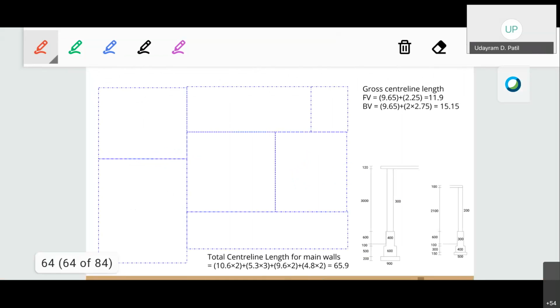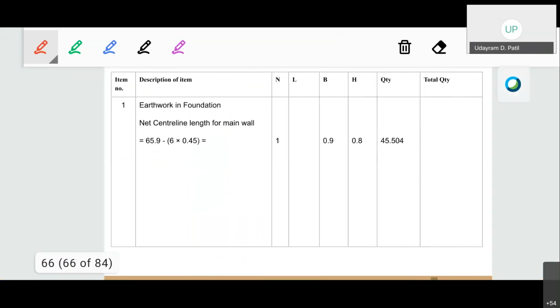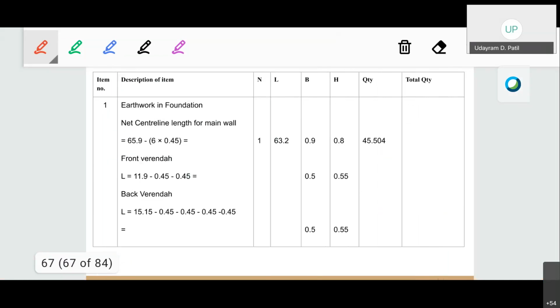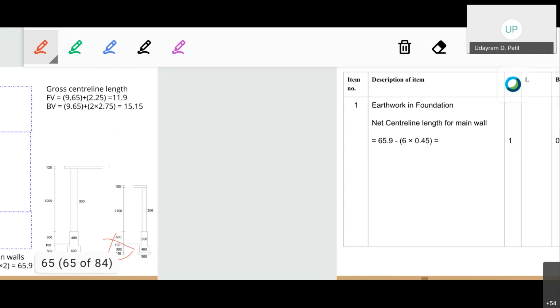You know this from the section while calculating. The width is 500 mm and the total height will be 550 mm. So now calculating the net center line length for this particular front veranda.